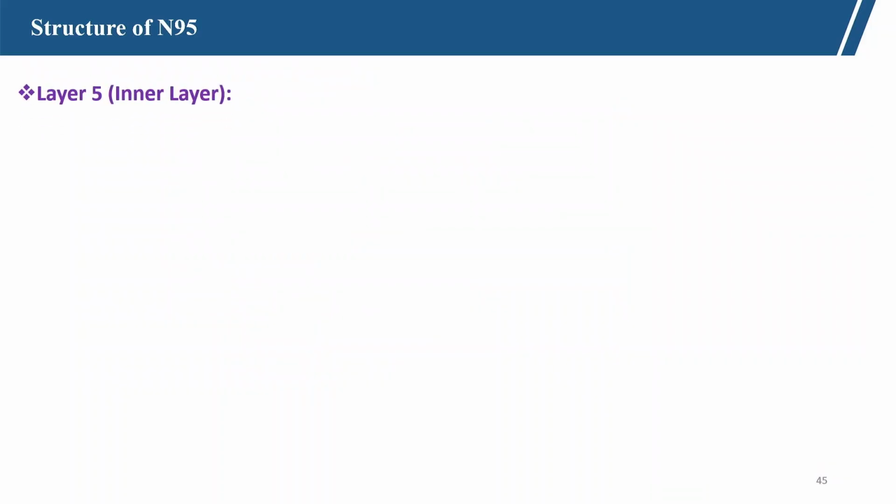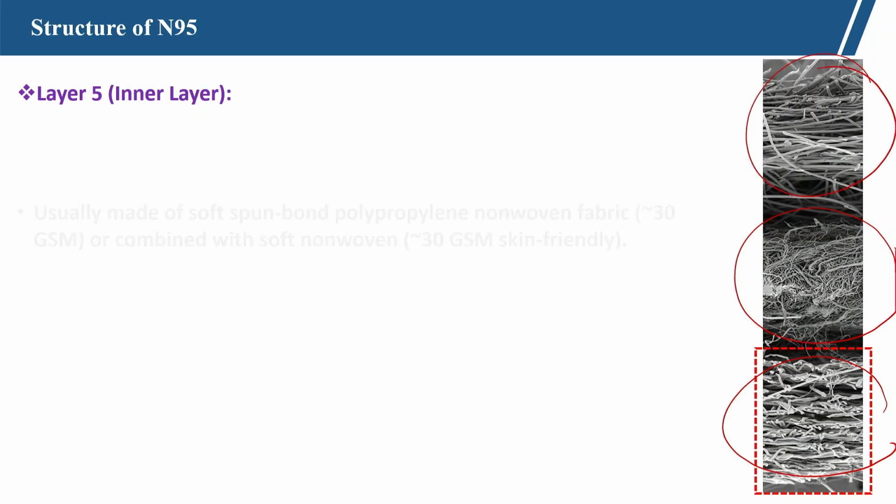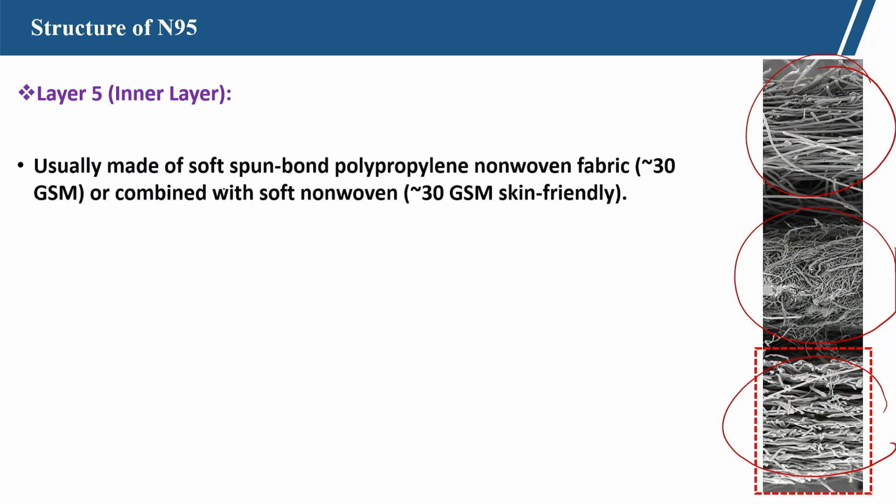Then the inner layer, which is again a spun bonded layer. If you see, this is the inner layer spun bonded, here it is melt blown, and outside spun bonded. It is usually made of soft spun bonded, while the outer is a hard spun bonded. To give structural stability, here we have a soft spun bonded layer, because we need comfort. 30 GSM combined with soft non-woven, either polypropylene or combined with non-woven.